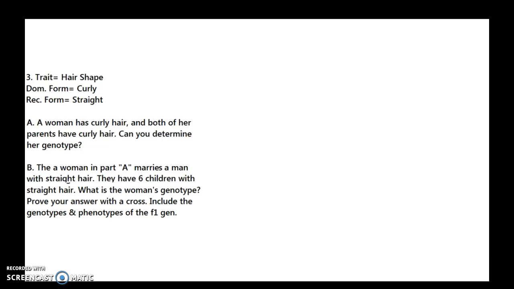So for number 3, our trait is hair shape. So we're looking at curly versus straight hair. It's dominant to have curly hair, and it's recessive to have straight hair. So A asks, a woman has curly hair, so it's dominant, and both of her parents have curly hair. Can you determine her genotype?